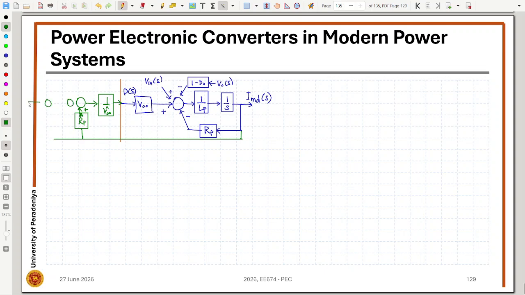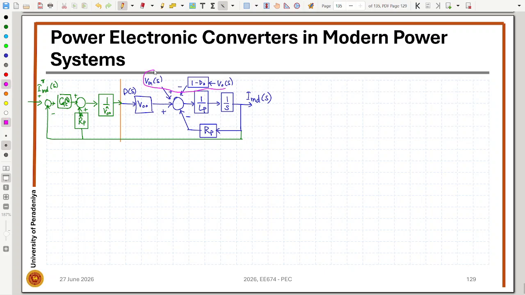Now we can have the controller: the inductance reference, which is positive, and we have the measured one, and in here we can have the controller Gc(s). So this would be the block diagram.